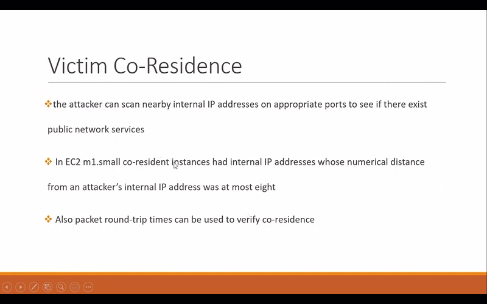And in the other paper, they found that all the neighbor machines will not be farther from you than 8 IPs. For example, you got .1, the machines that reside with you on the same physical machine will not be farther than 8. So they will be either .2, .3, .4, not more than 8.